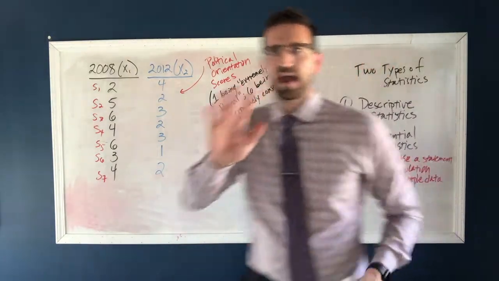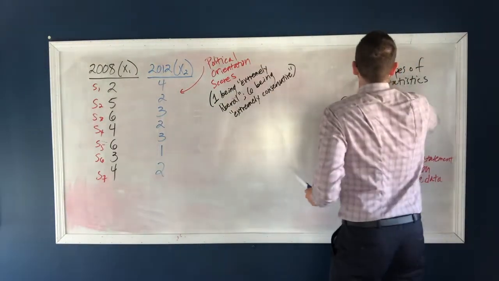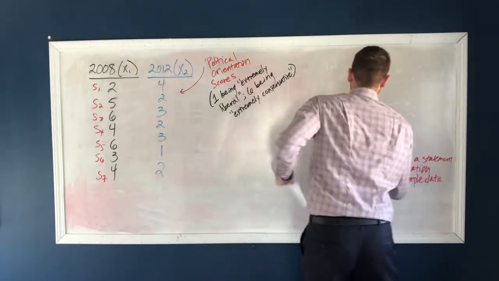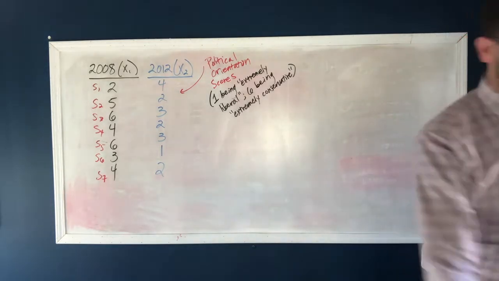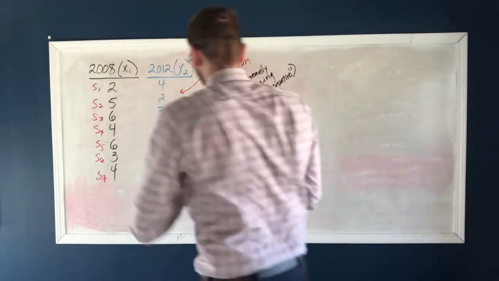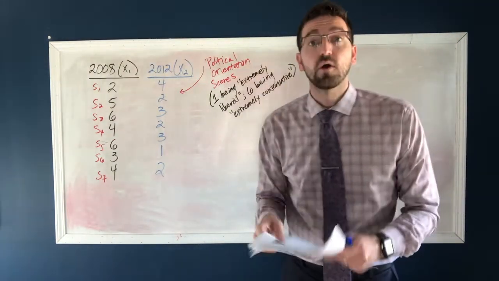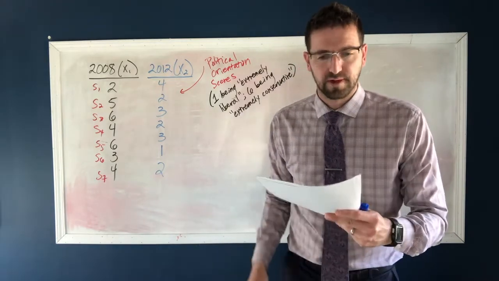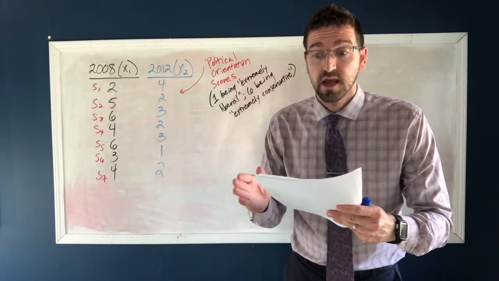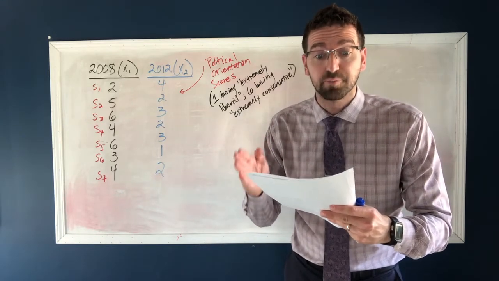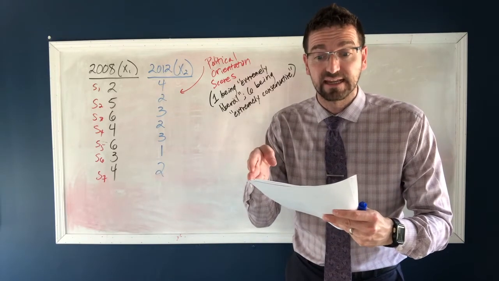Let me go ahead and erase it, and then we're going to start talking about dependent sample t-tests. I'm going to go ahead and read the prompt. A researcher hypothesized that college students would have a tendency to be more liberal at the end of college relative to the beginning.